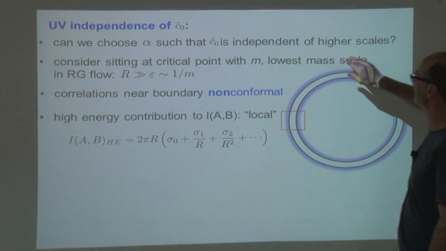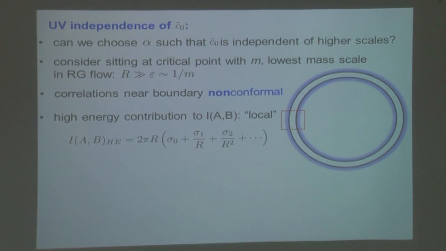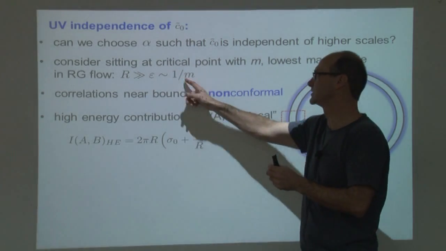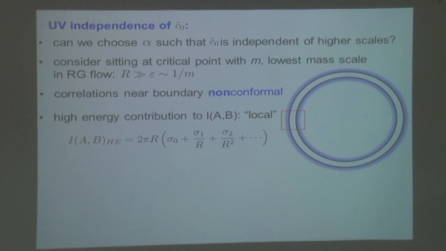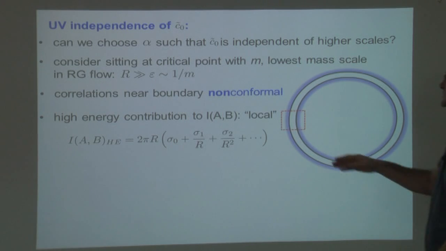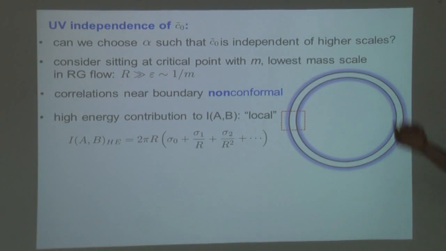So this is saying that at some scale, if I'm probing correlations or correlators in my theory at long ranges, they're basically the conformal correlators of the fixed point theory. But when I go to small distances, I'm going to notice that there's extra stuff in the theory, that I can access higher degrees of freedom, or I can see that it was at the end of an RG flow.